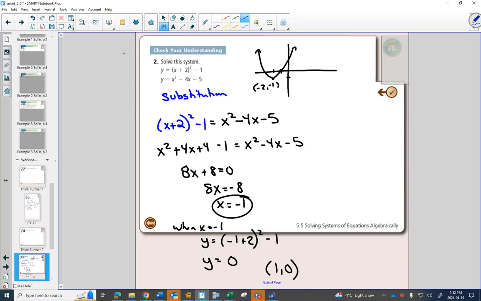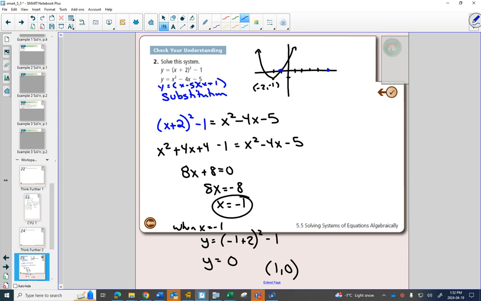Can you see that this one factors nicely to x minus 5, x plus 1? So I would have x-intercepts at 1 and 5.